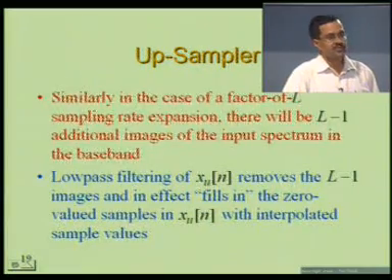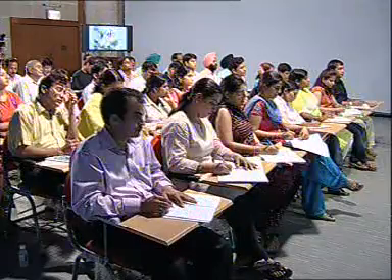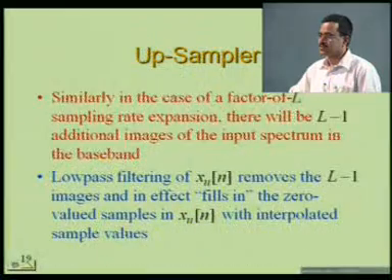In order to remove those images, we have to use low pass filters. Through this low pass filtering process, we can remove these images and fill in the zero valued samples in x_u[n] with interpolated sample values. Zero valued samples are replaced by appropriate interpolated desired samples.